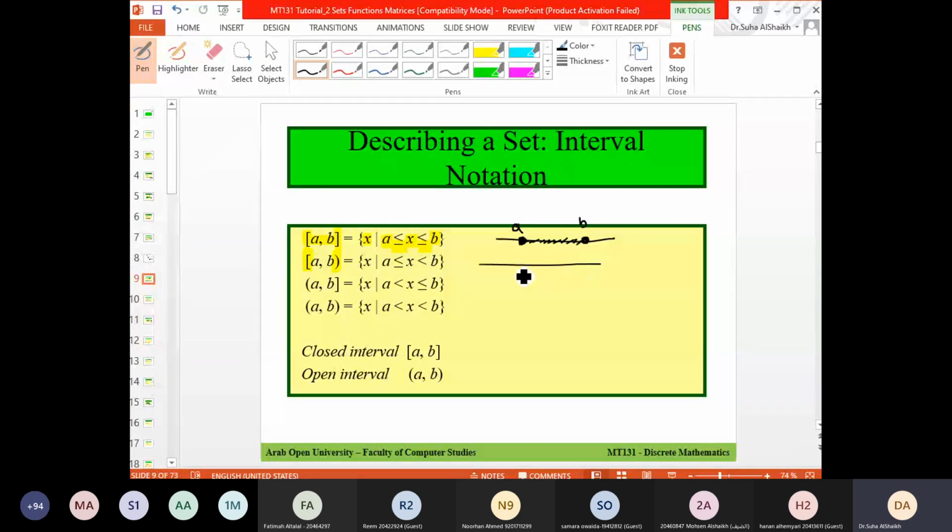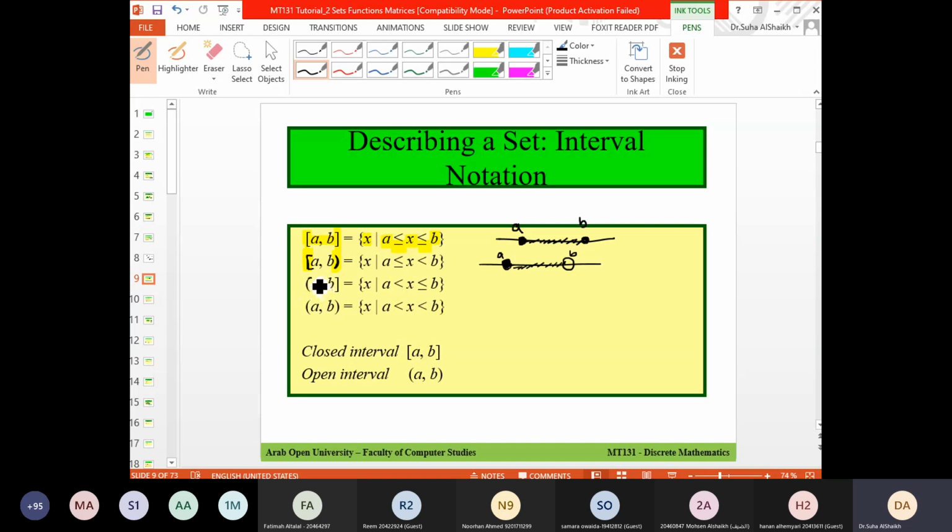On the number line, if this is my A, A with me, and the B is not, so open until B and all the numbers between A and B. You got that? Because I have circular هنا, دائري, and here I have the square.